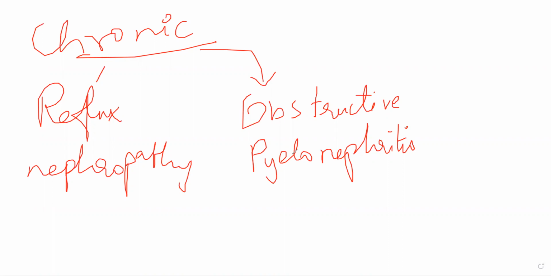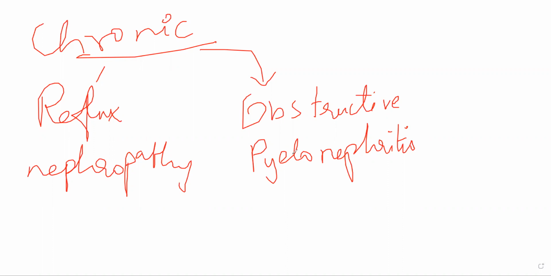Essentially, instead of coming down, it is going up. It will be really uncomfortable, and repeated bouts of this reflux of urine can cause reflux nephropathy, wherein it is damaging the kidneys and the tubules. The collecting duct gets damaged, then your nephrons will get damaged, ultimately your kidneys are getting damaged.